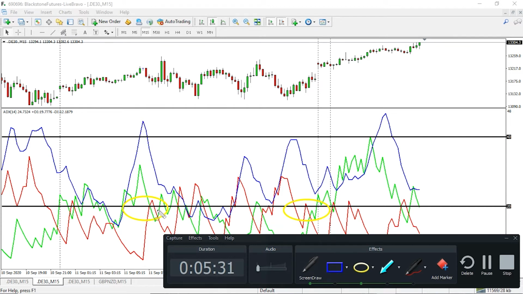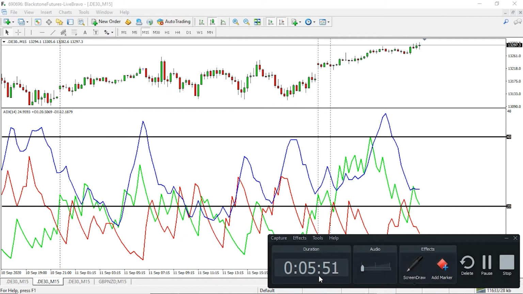You can see at these particular times, there we can see the sell round about the same time as the red crossed over green. And here you can see the buy roughly the same time as green crossed over red. The blue line, guys, just merely illustrates how strong the trend is.